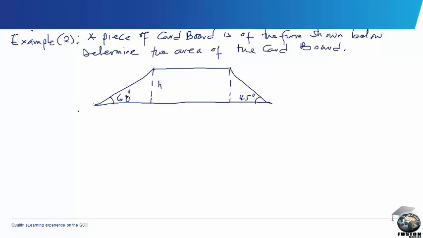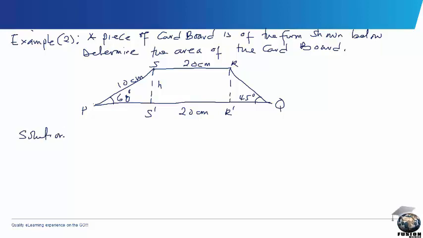You have P, X bar, X, R, R bar, and then Q here, and you're told that the length here is 20 cm, so the length here too should be 20 cm. And you're given a side of 10 cm. So the question says determine the area of the cardboard paper.